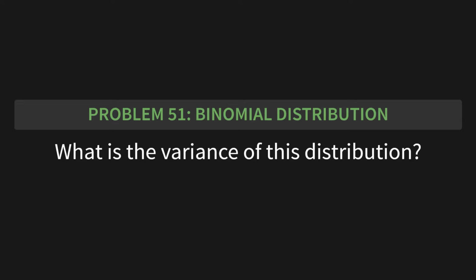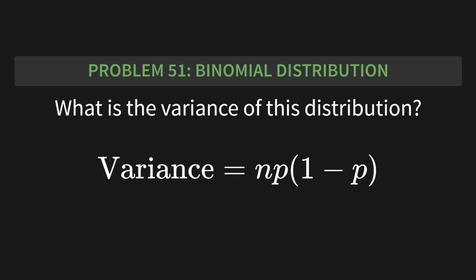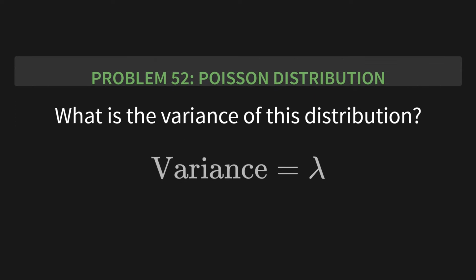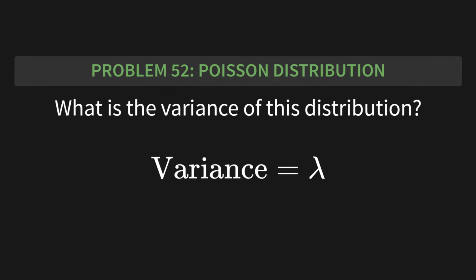Variance equals NP times 1 minus P. What is the variance of a Poisson distribution? Variance equals lambda.